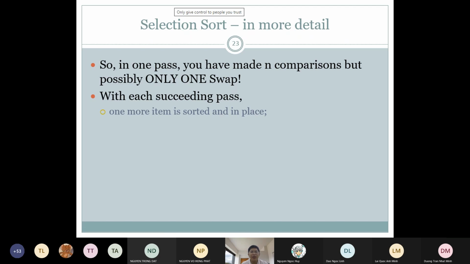After each iteration, we have the same kind of invariant that we want: one more item in the sorted order. Okay, got it?